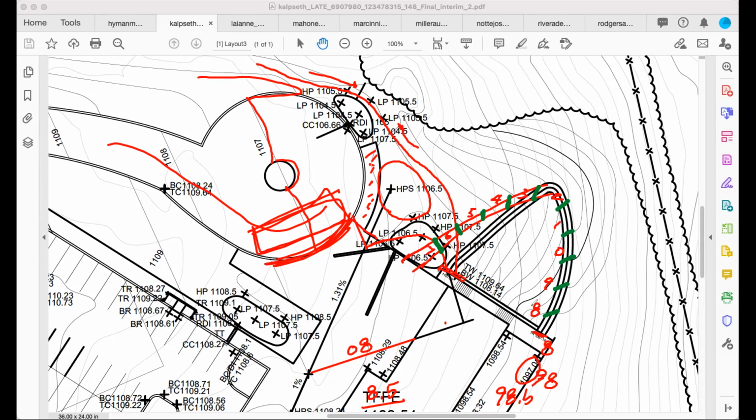Now our goal is to try to connect back. We're running out of space here, so my 9 needs to go somewhere like this. Let's see.